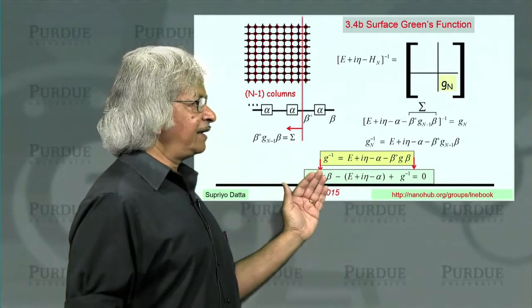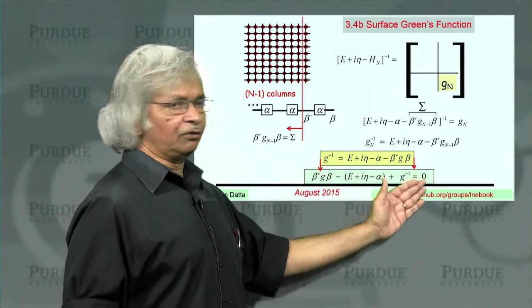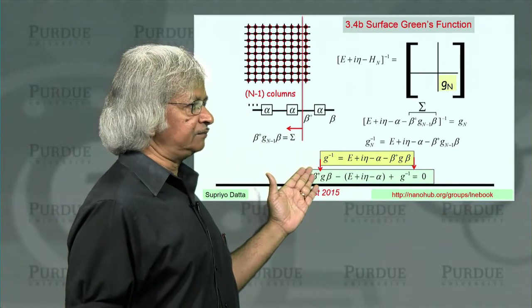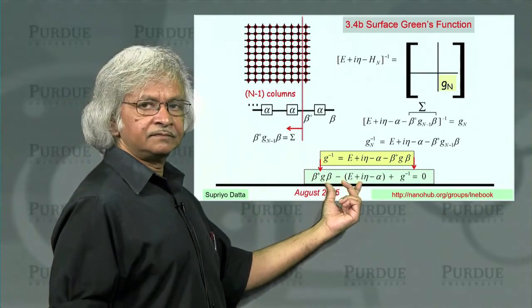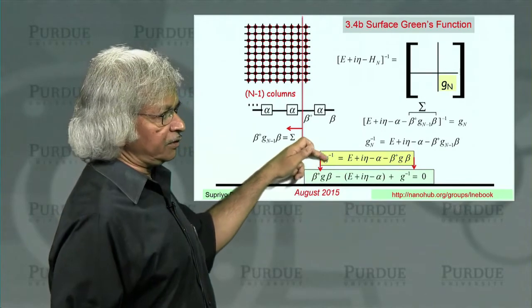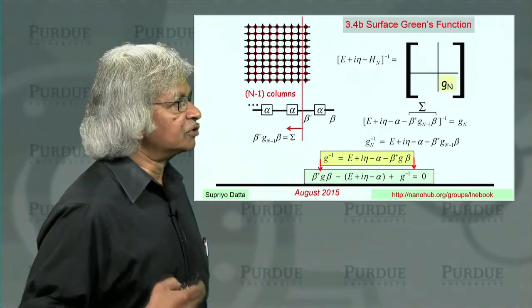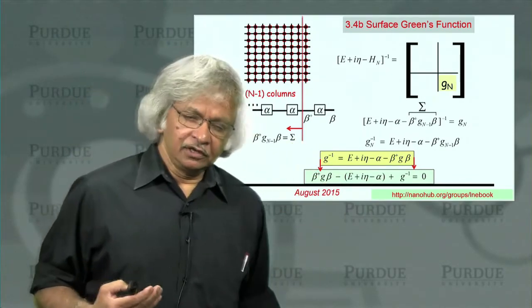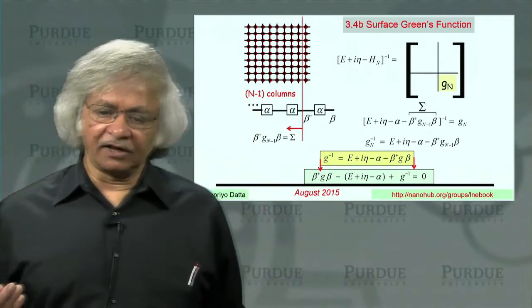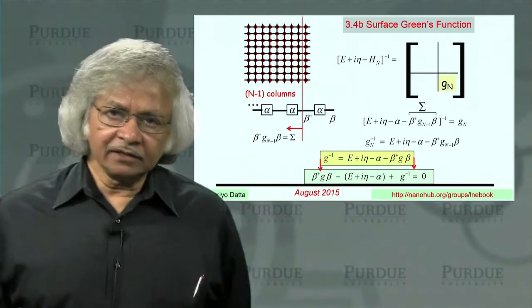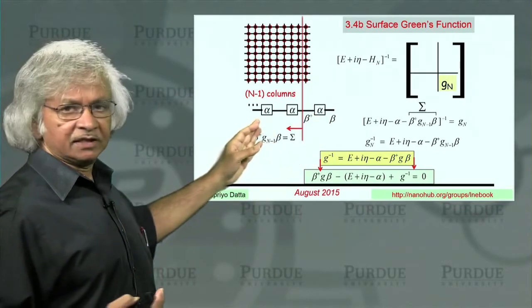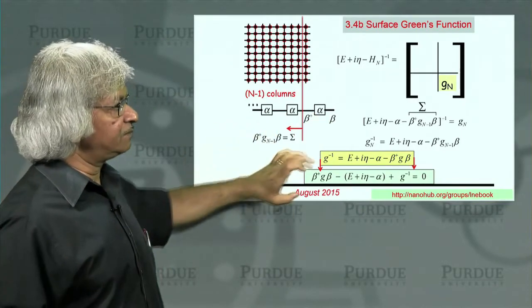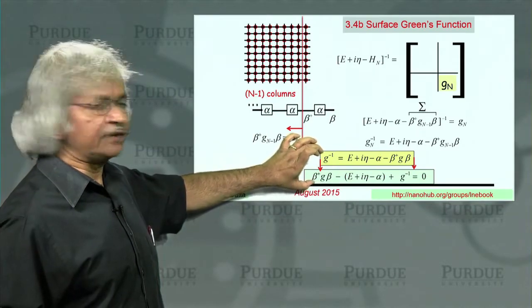Kind of like x, 0, and 1 over x. So it's an equation in G, but it's a matrix equation, of course. These are all matrices. So this is the equation that you could solve in general to find the surface Green's function of any contact described by a 1D chain like this with alphas and betas. So once you have the alphas and betas, the point is to solve this.